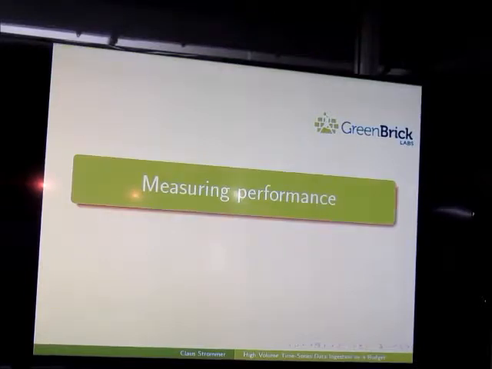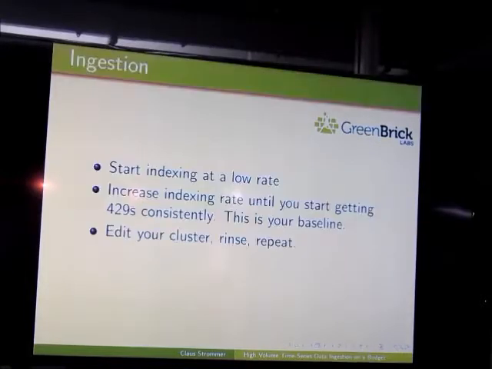And of course, you don't have to take my word for it. You can measure these changes yourself. There's a couple of easy ways to do it. The easiest by far, or at least the simplest by far, is set up your cluster, start writing to it. Then open up the firehose. Or at least do it gradually until you start getting 429s. That's your baseline.